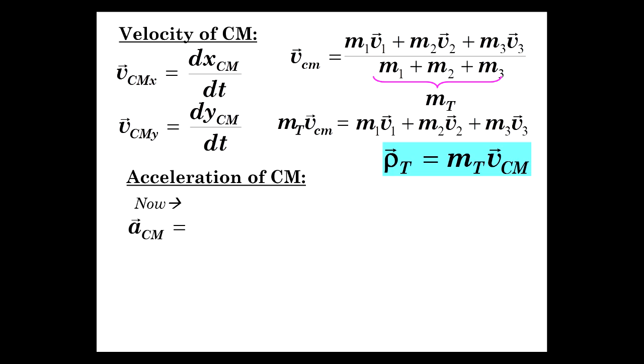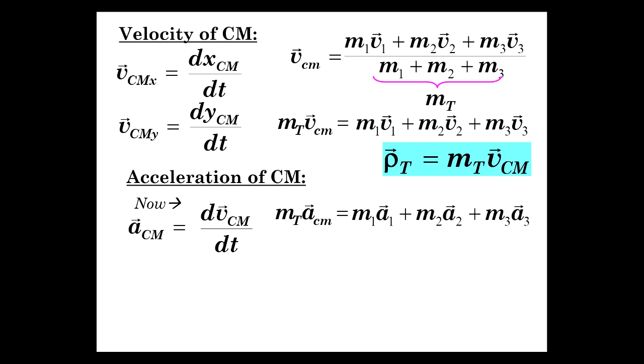All right, and then acceleration, same idea. The derivative of the velocity in both dimensions, we can just write the acceleration of the center of mass is the rate at which the velocity of the center of mass changes. And so mass total times acceleration of the center of mass is simply the mass of the individual object times its acceleration.